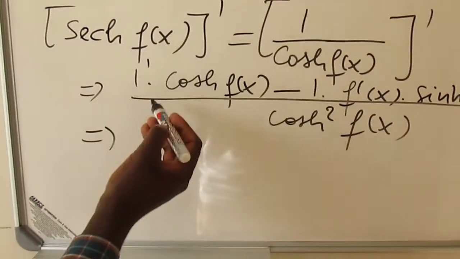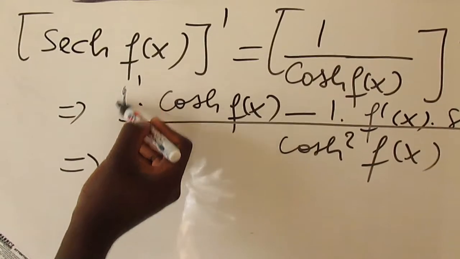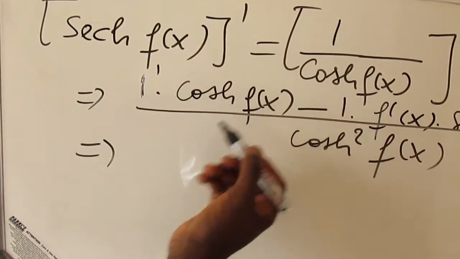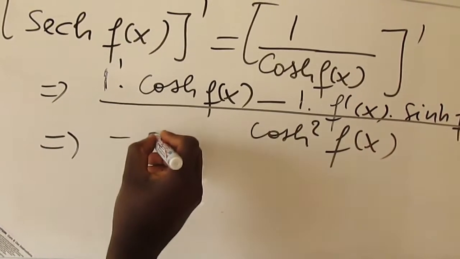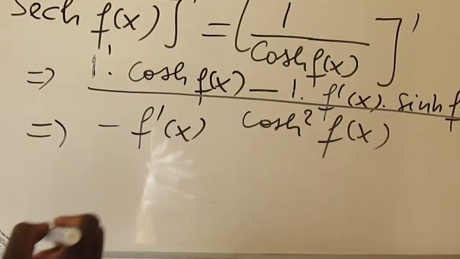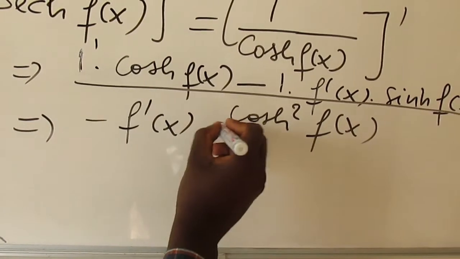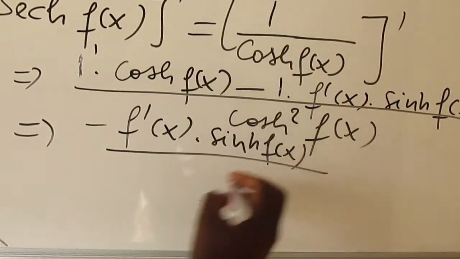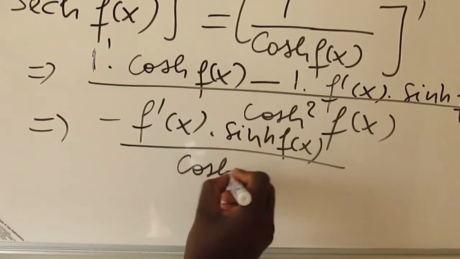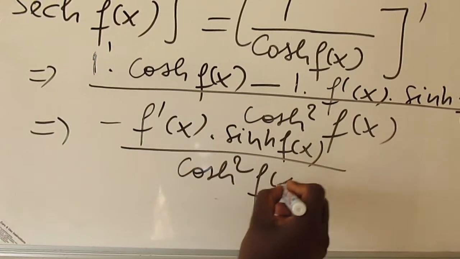What is the meaning here? The derivative of any number is always equal to 0, and 0 times this is 0. And here you have 1, you derive this, we remain with the derivative of f of x multiplied by sinh of f of x over cosh squared of f of x.